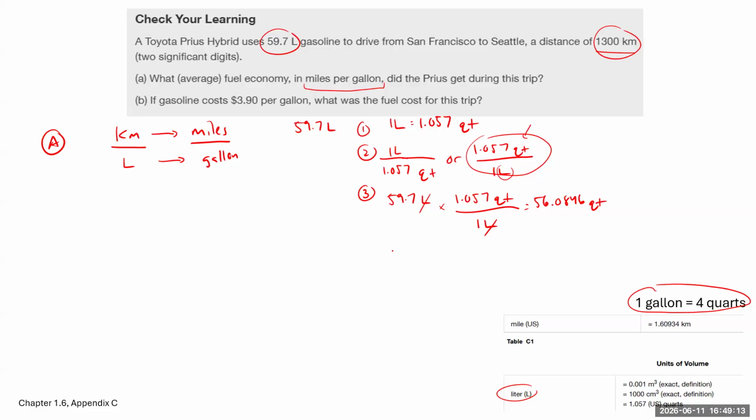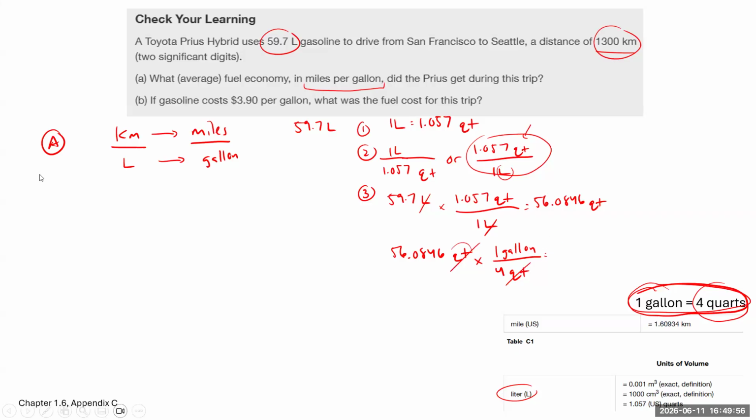All right, so then we do 56.0846 quarts, but we want to go to gallons, right? So we're going to skip the step of rewriting it as fractions, because we know what goes on the bottom. We can create the fraction right here in the problem. Because we have quarts here, we need quarts on the bottom. Quarts cancels out.